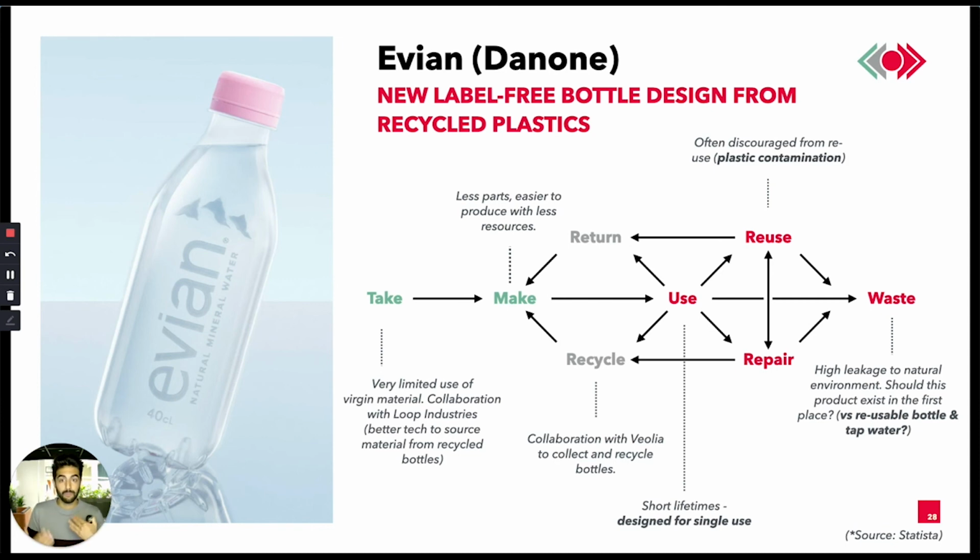They have created positive impact upstream by sourcing from the economy instead of sourcing from the environment, and have made some impact on return and recycling by collaborating with Veolia. However, the downstream impact remains as it is in the industry and creates a lot of opportunities for improvement.